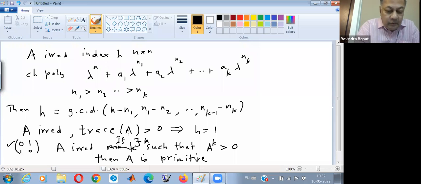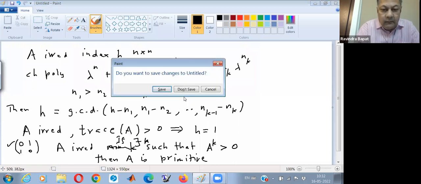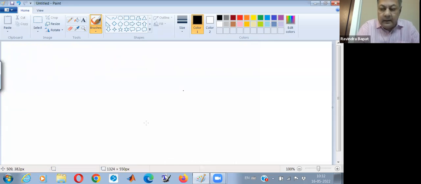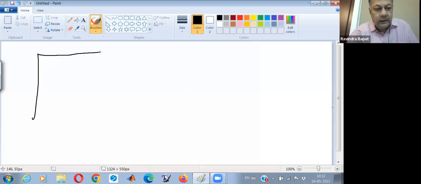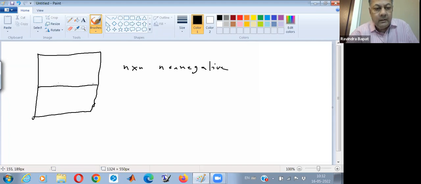So let me actually show you what we have done graphically, by a diagram. Suppose this is the set of n by n non-negative matrices. Within that, we have divided into two groups: one is reducible, one is irreducible.